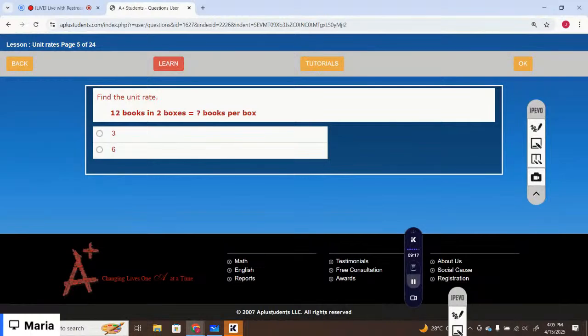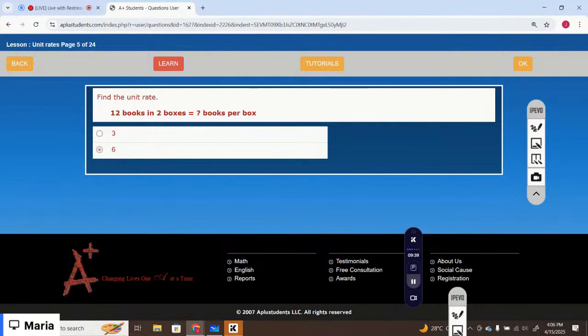12 books in 2 boxes. So how many books per box? So 12 divided by 2 is 6.